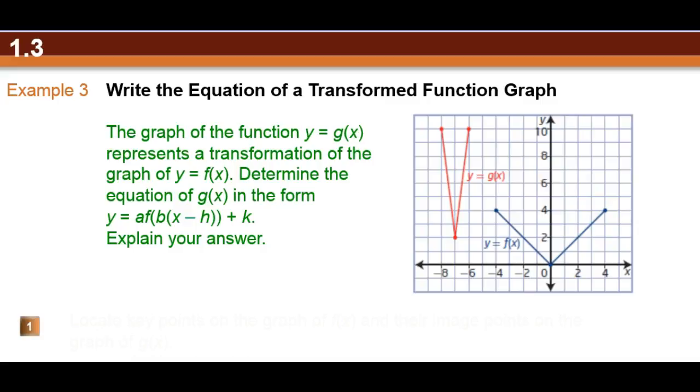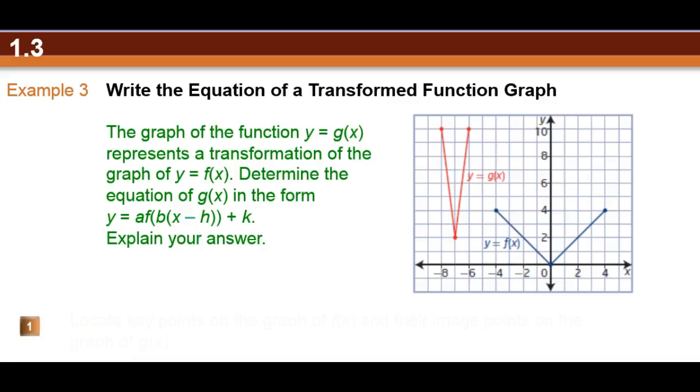So what I always start with is I write out the equation, and then I'm going to fill in the pieces. Okay, so this graph is an absolute value graph also, right? Because it's the V shape.